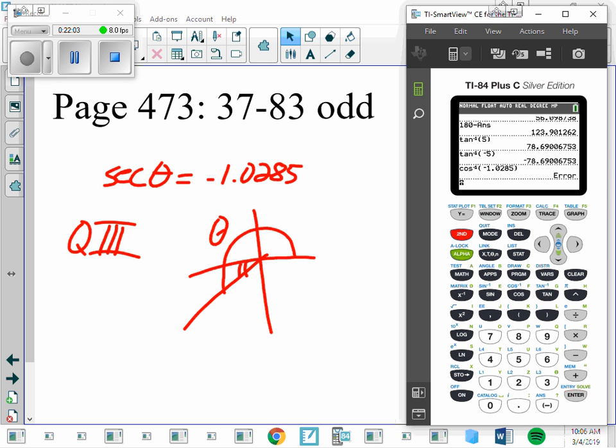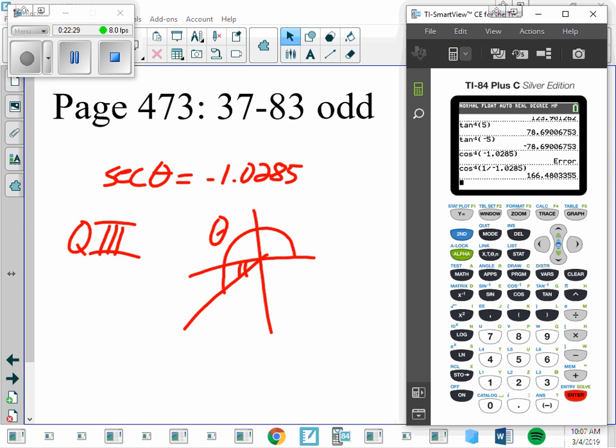But I don't have an inverse secant button, so I'm going to do 1 divided by negative 1.0285. If the secant is negative 1.0285, then the cosine is 1 divided by negative 1.0285.